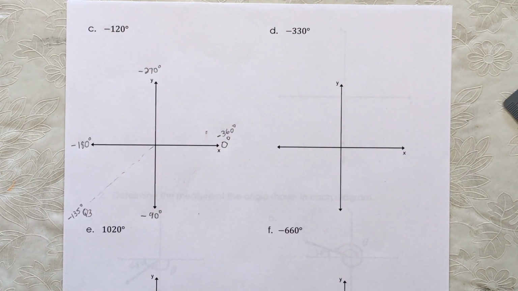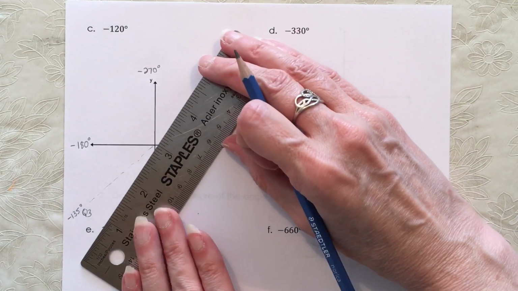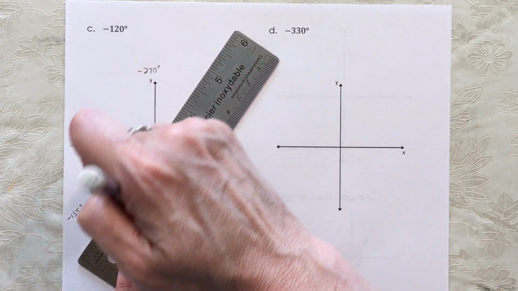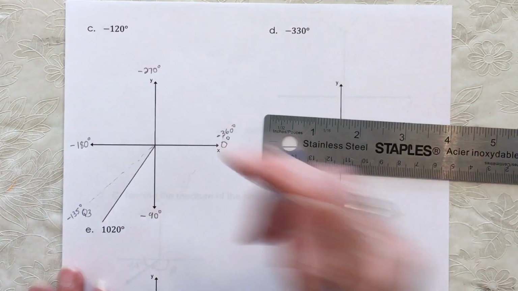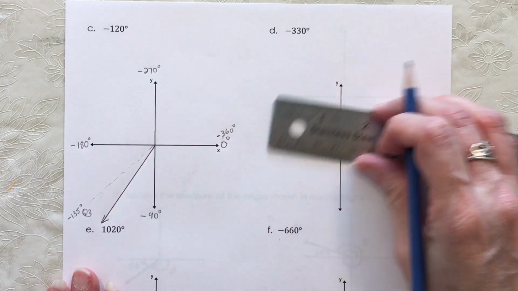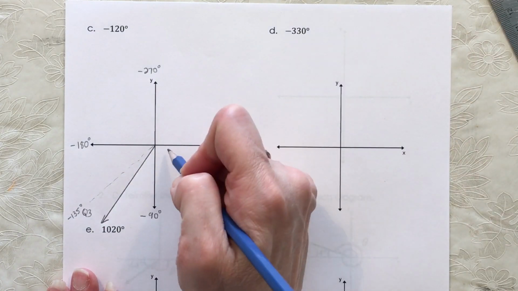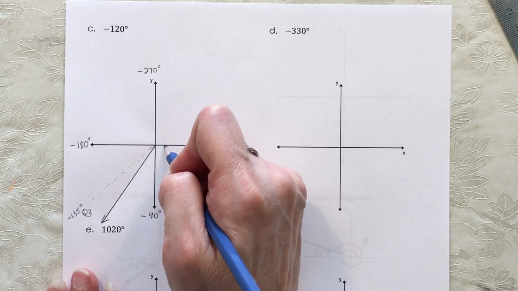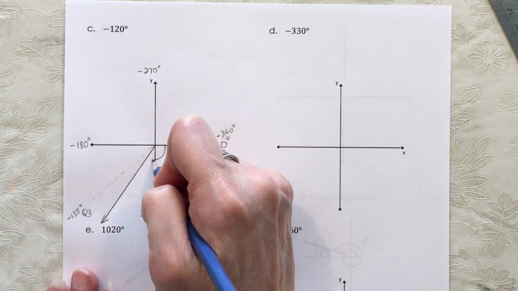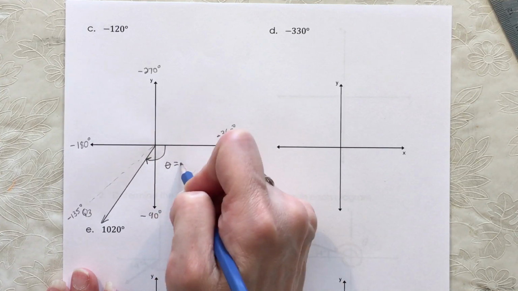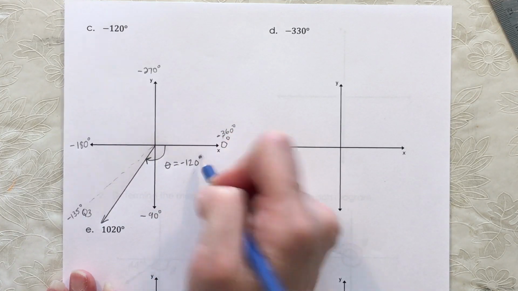So negative 120 is going to be closer to the y-axis. I'm going to draw my terminal arm here, closer to the y-axis in quadrant 3. I want to show a negative angle, so I'm showing it going clockwise. So this would be theta equals negative 120 degrees.